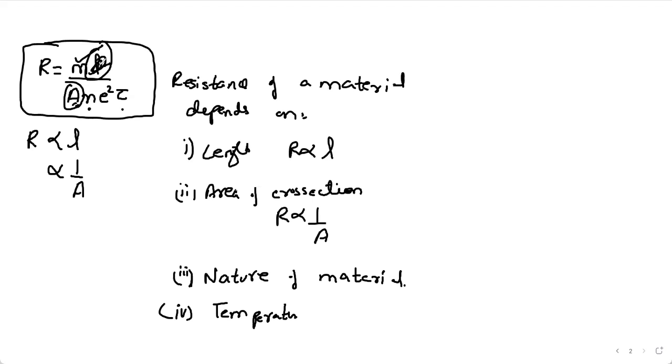This is another quantity which is known as resistivity. Resistivity also defines the obstruction offered by a material in the flow of current, but resistivity is independent of length and area of cross section.